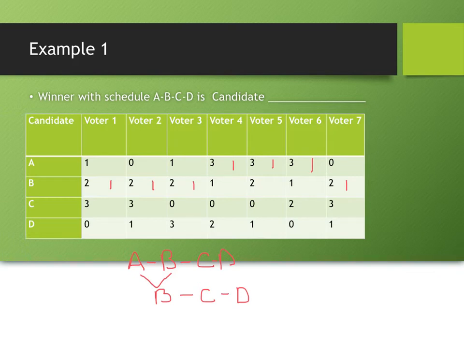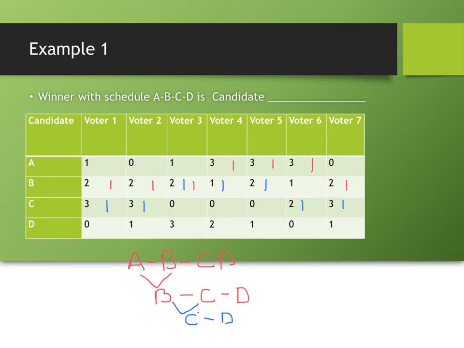Next matchup will be B and C. All right, now I'm going to write this in blue. C would have won that one, that one. B would have won that. B would have won that. B, C, and C. So in this matchup, C wins.